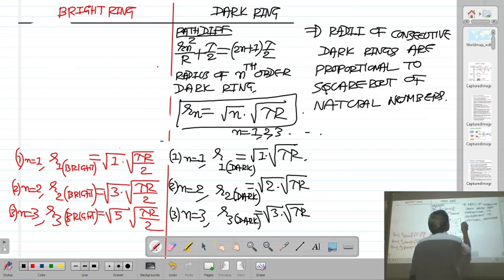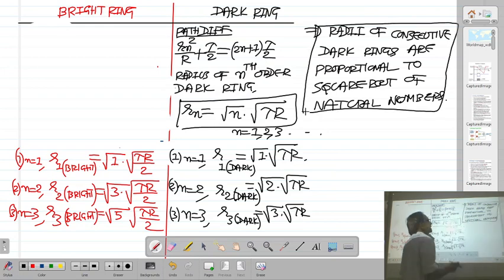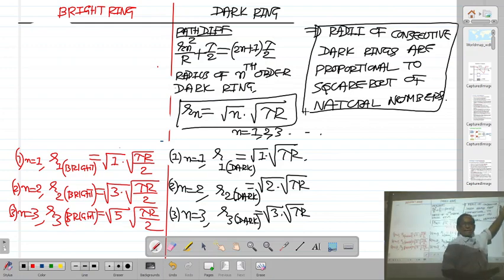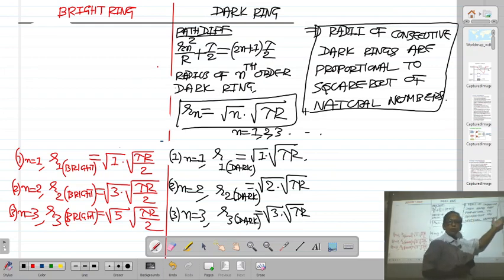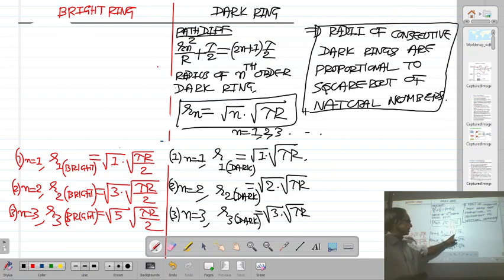So this is our conclusion, that the radius of the first dark ring is under root 1 under root lambda, the radius of the second dark ring is under root 2 under root lambda, the radius of the third Newton's dark ring R3 dark is under root 3 under root lambda, proportional to the square root of natural numbers, odd numbers and even numbers both. 1 is an odd number, 2 is an even number, 3 is an odd number, 4 is an even number.